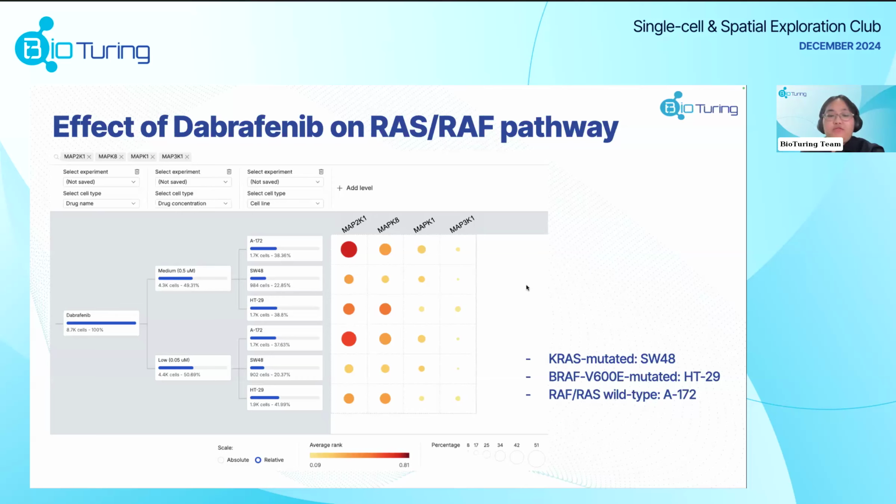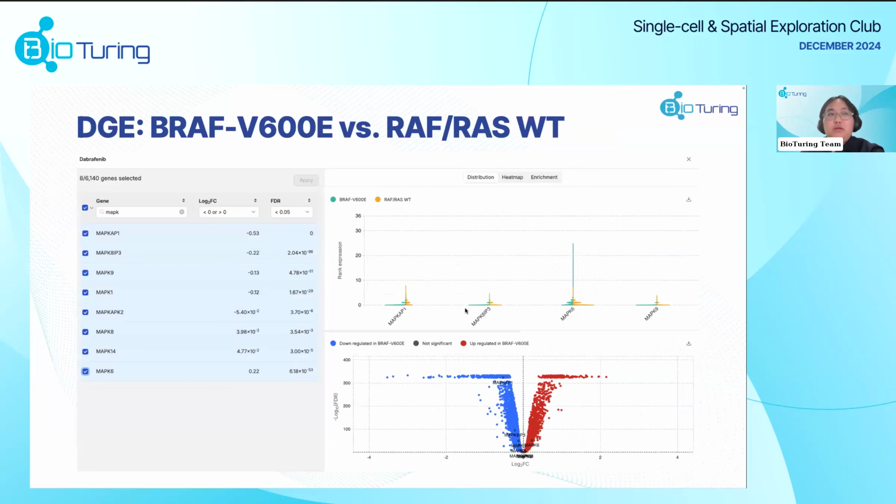So that's why we perform differential gene expression analysis, or the DGE. This feature allows us to statistically identify genes that are significantly up or downregulated in HT29 cells, which have the BRAF V600E mutation, when compared to the A172 cells, which are BRAF RAS wild type.